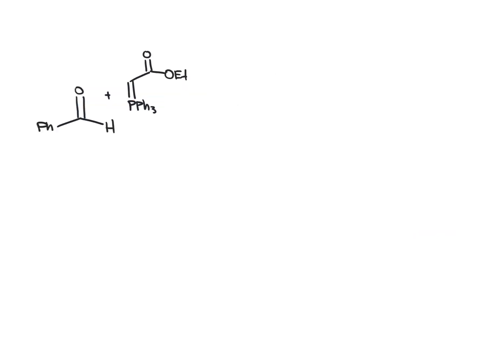Now what we do is we take this ylide and react it with benzaldehyde. And just like we saw in the introduction, the triphenylphosphine and the oxygen will go away as your byproduct, which is a white solid, triphenylphosphine oxide.